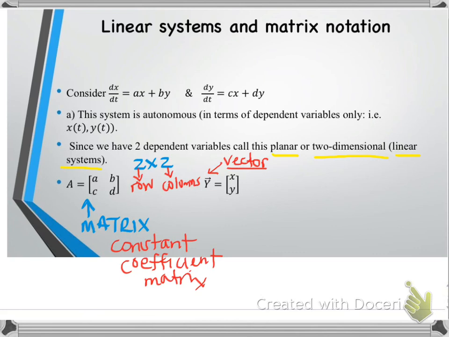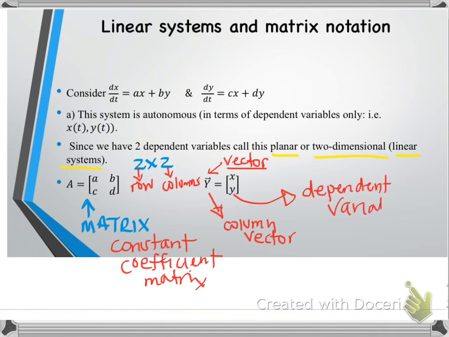And so this is a column vector because it's just one column. And our Y vector, which is our column vector, contains our dependent variables. Okay, so I'm going to stop this video here and then continue in the next video.